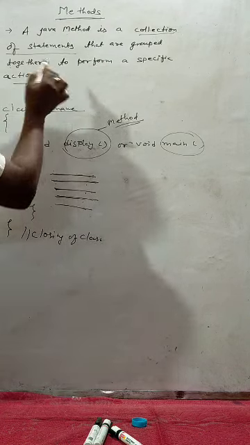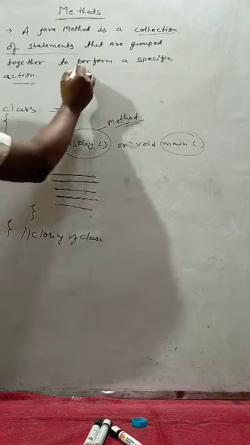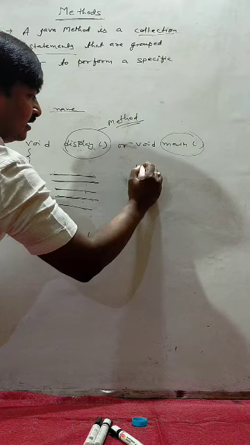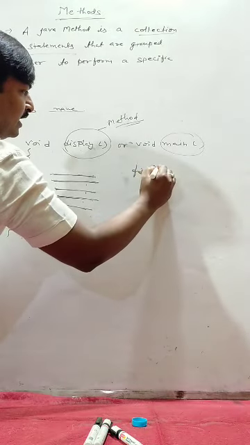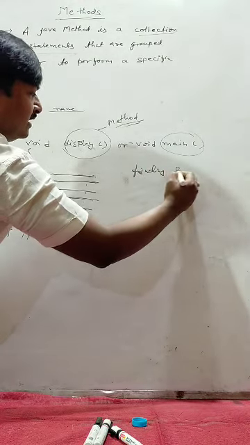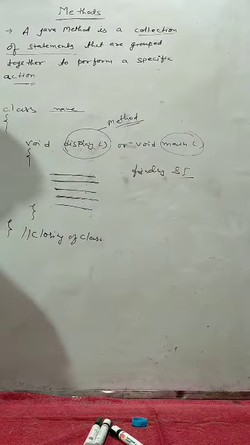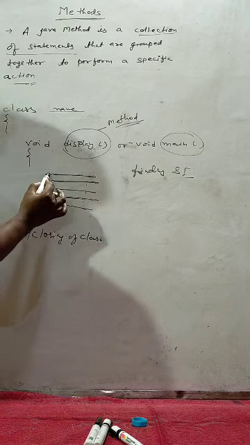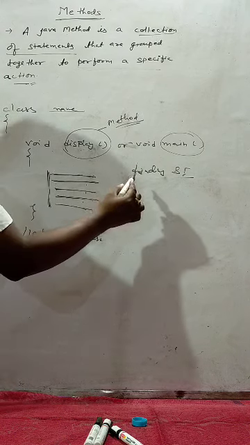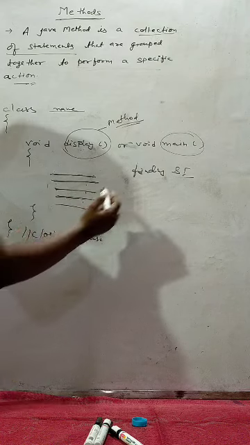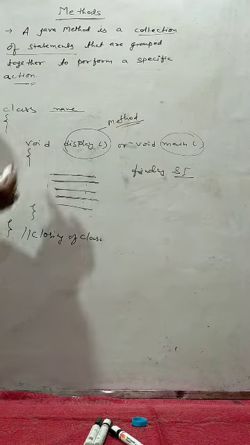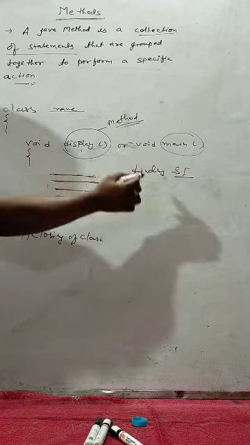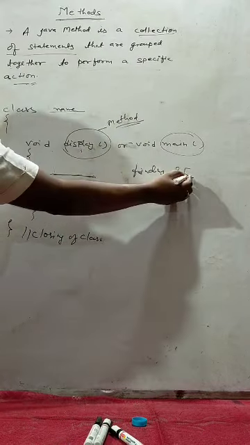And second, they are grouped together to perform a specific action. Suppose this program is for finding simple interest. That means all these statements are used to find the simple interest, so this method is specially for finding the simple interest.